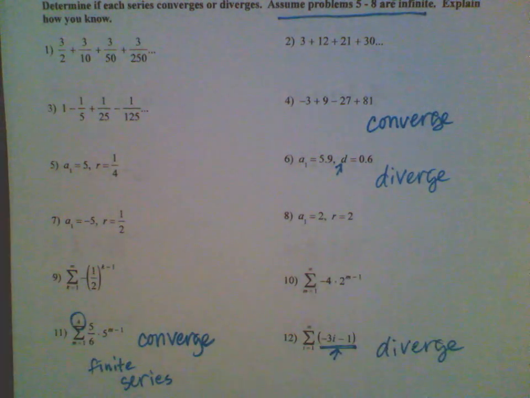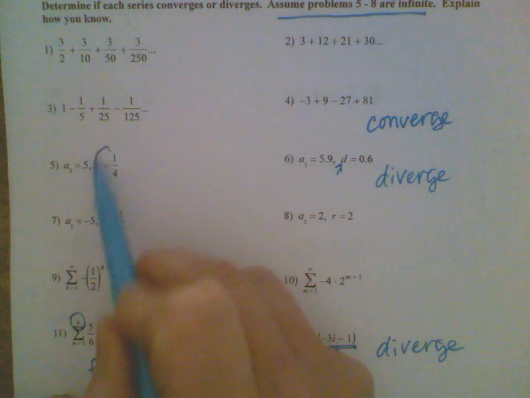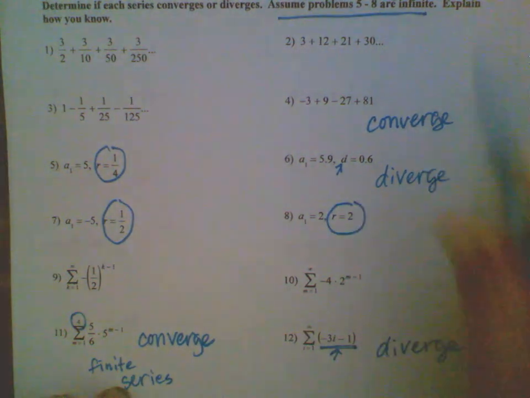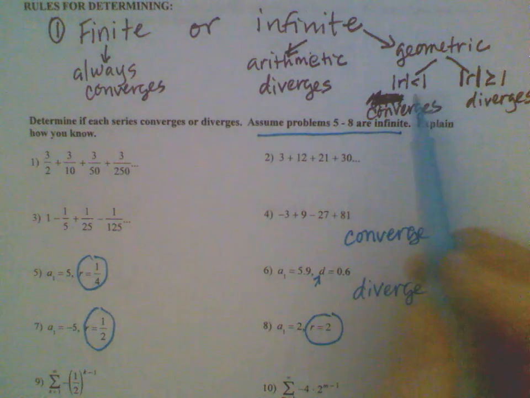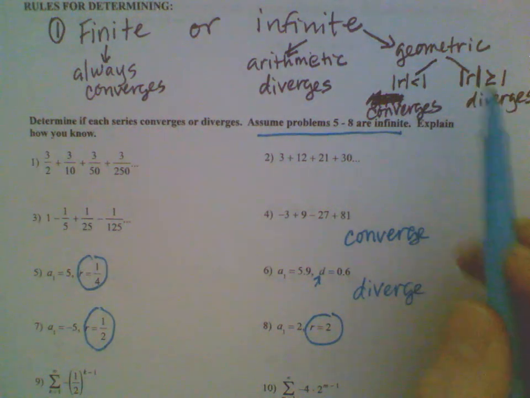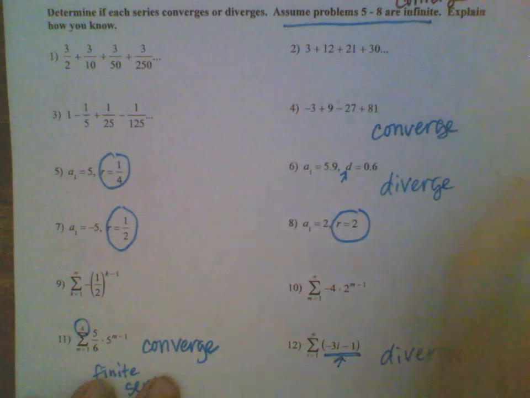Those are easy for me to visualize, because I know what r is right away. If we talk about converging and diverging, remember that what I had to look at was r. If absolute r is less than 1, it converges. If absolute r is greater than or equal to 1, then it diverges. So let's look at these pretty quickly.